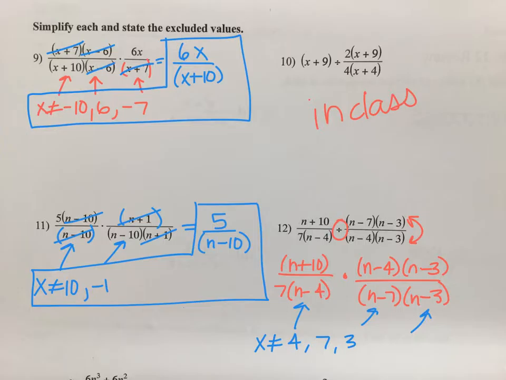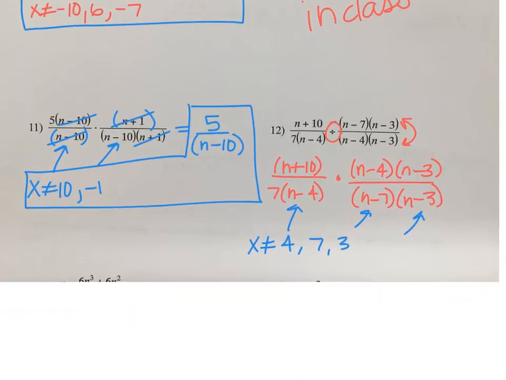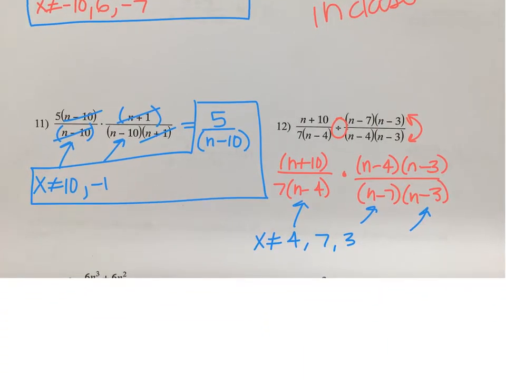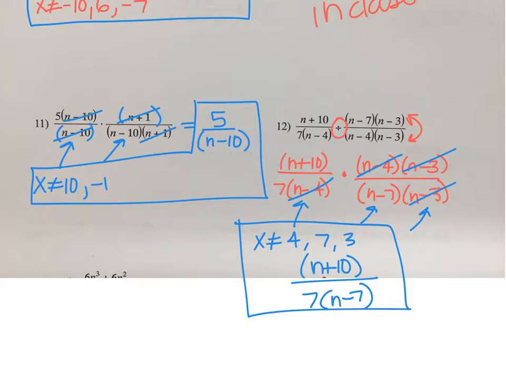And then cancel. So we need to figure out what we have left. Things that cancel, I've got -3s. There we go. And I'm left with n plus 10 on the top. 7 and -7 on the bottom. Do a quick double check that nothing else cancels, and it doesn't. So there's my final answer.